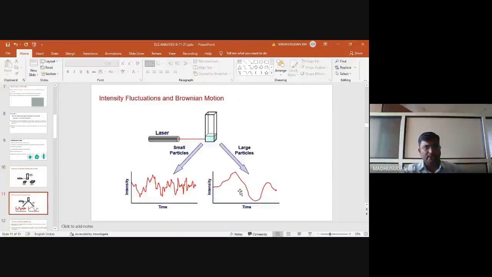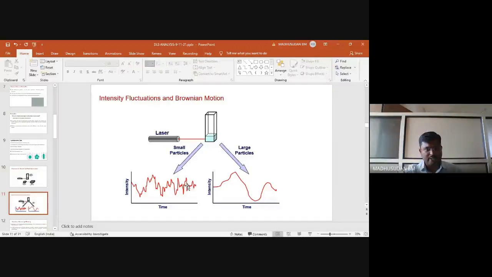And here is the intensity fluctuation and Brownian motion plot in simple words. You can see the laser source projected towards the sample for two different cases, one for the smaller size particle and another for the larger size particle.